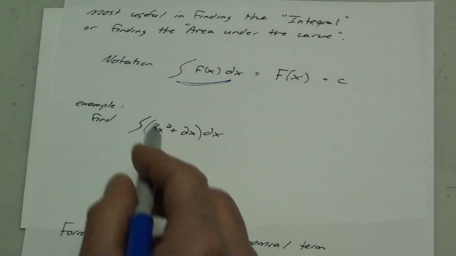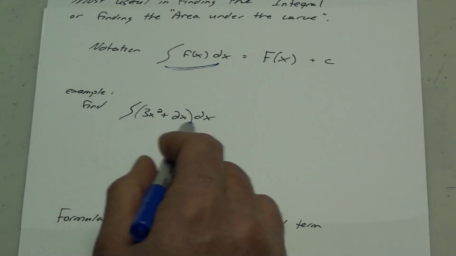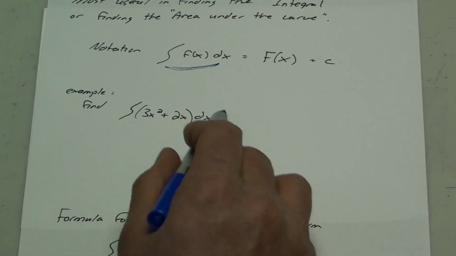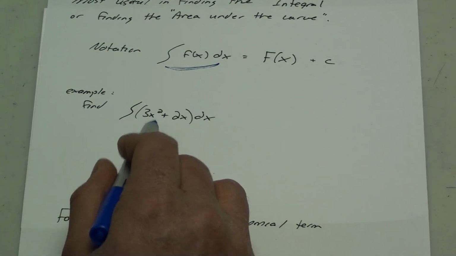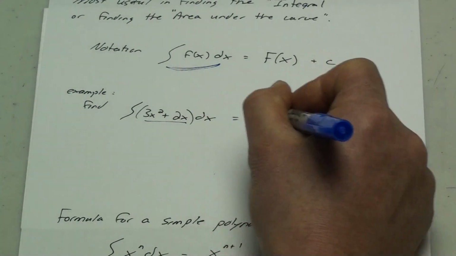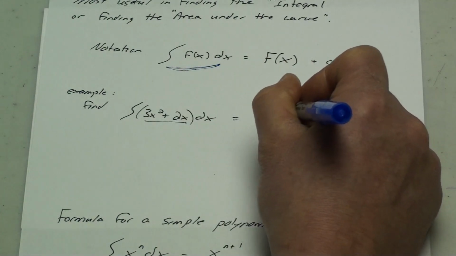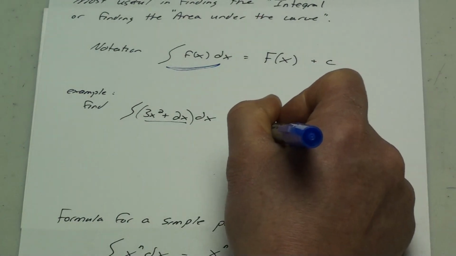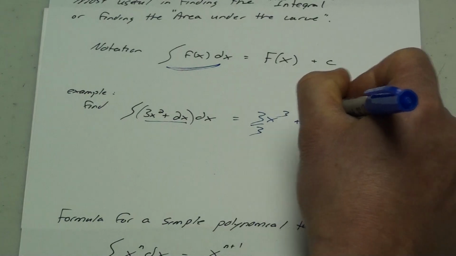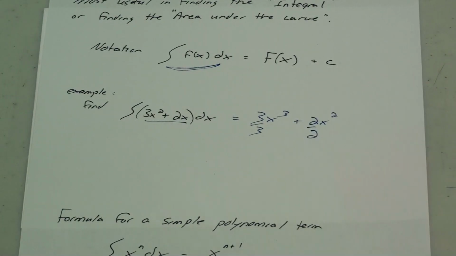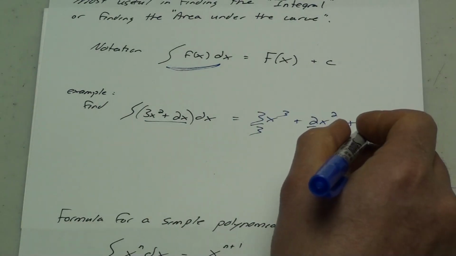So for example, the squiggly s, function, dx is telling me to find the antiderivative, to integrate this function. I do so by raising my exponent, so it becomes an x cubed, and I have 3x cubed divided by my increased exponent. The 2x: raise the exponent, divide by the increased exponent, plus c for that unknown constant.